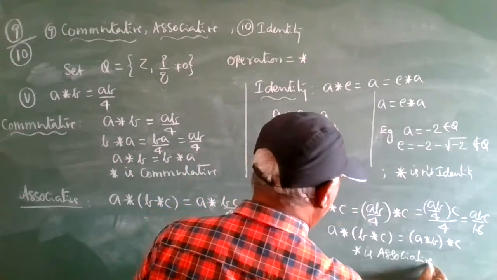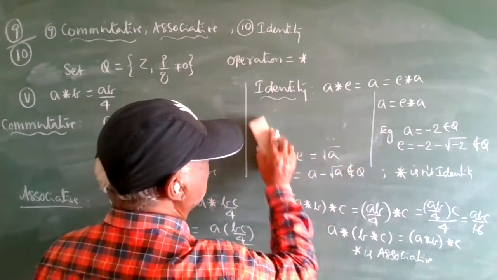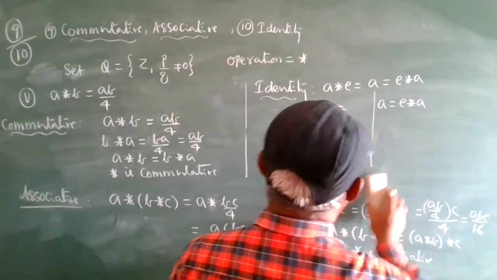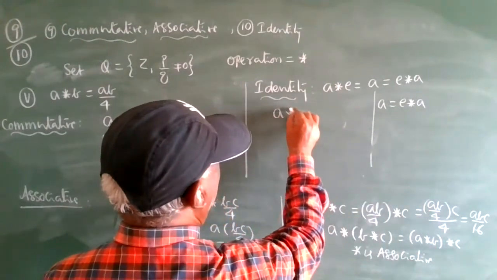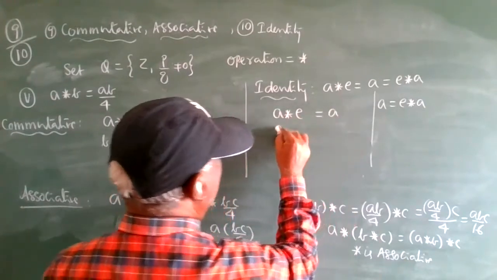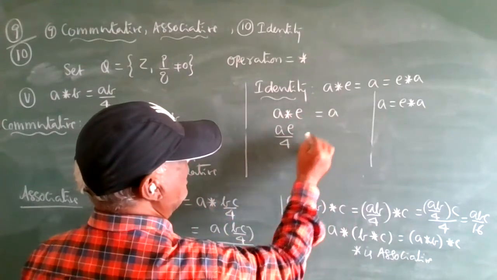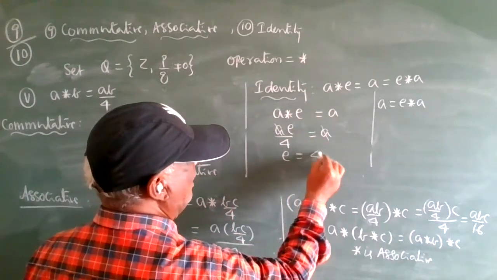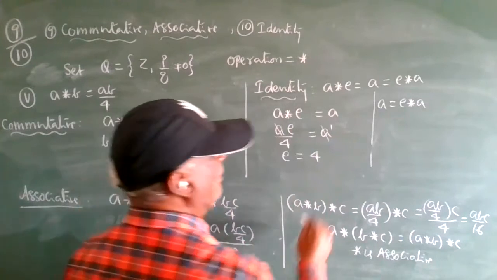Right. Everyone find out the identity. Here, A star E is equal to A. AE by 4 is equal to A, A cancel, E is equal to 4. Okay?